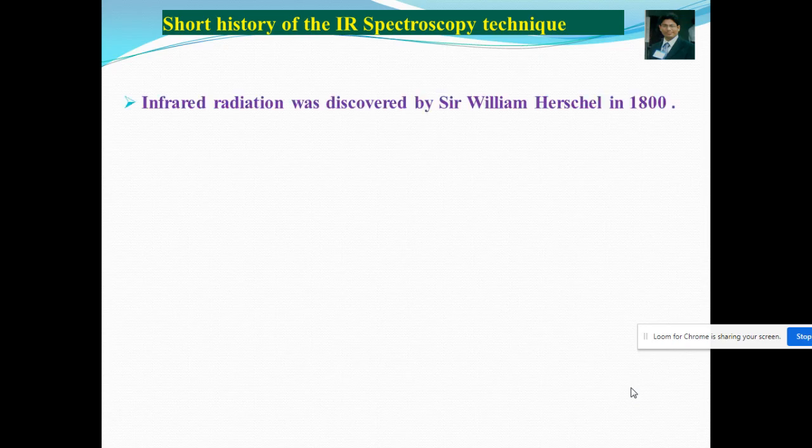Before going into that, we will look at the history of the IR spectroscopy technique. Infrared radiation was discovered by William Herschel.